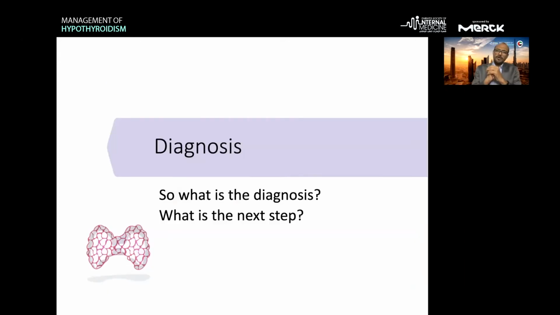As we said, the diagnosis is primary hypothyroidism. What is the next step? Is this enough? I mean, just TSH and T4, are they enough for diagnosis of hypothyroidism, or do I need to proceed and do further tests?